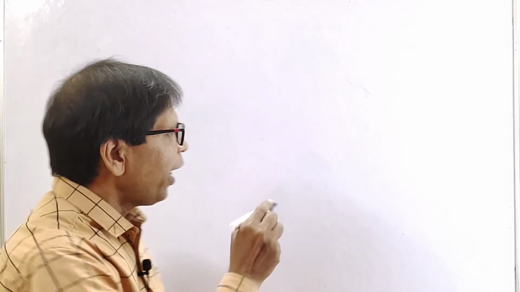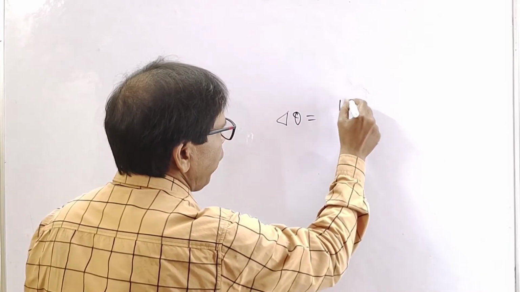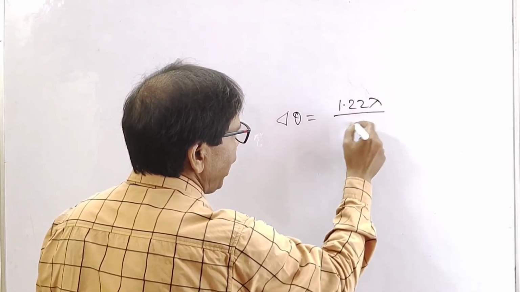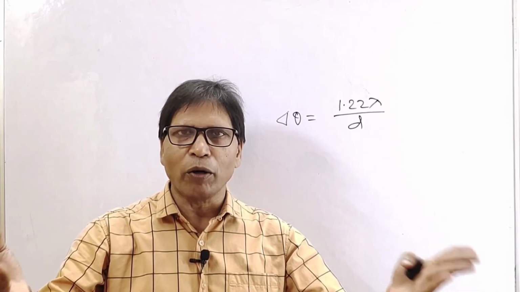Okay, now limit of resolution of a telescope. The angular separation between two close objects at far distance at which they just appear separated when viewed through a telescope is called the limit of resolution, and the limit of resolution Δθ is equal to 1.22λ divided by d, where d is the diameter of the aperture of the objective.